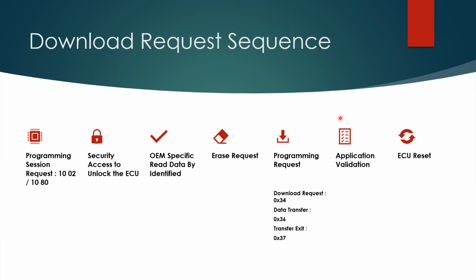So this step is very crucial from the security point of view as well. There we also have different validations, such as signature validation and other things, which again depend on the OEM specification. Finally, once we confirm that everything is okay with the application, we will perform the ECU reset.